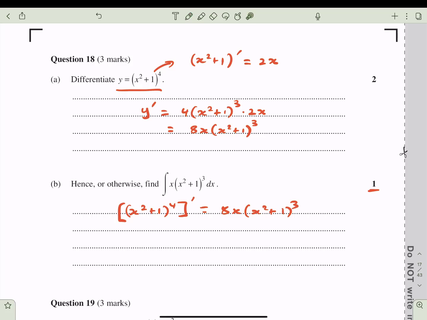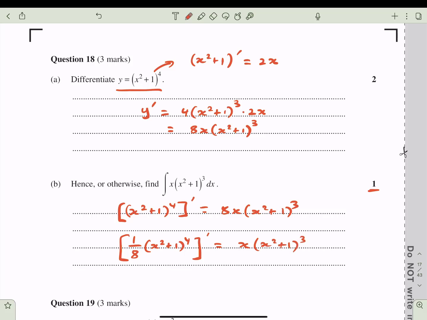We should notice that this looks awfully similar to whatever is inside my integral. So let's get rid of the 8 and divide both sides by 8. We have the derivative of (x squared plus 1) to the power of 4, divided by 8, is equal to x times (x squared plus 1) to the power of 3.